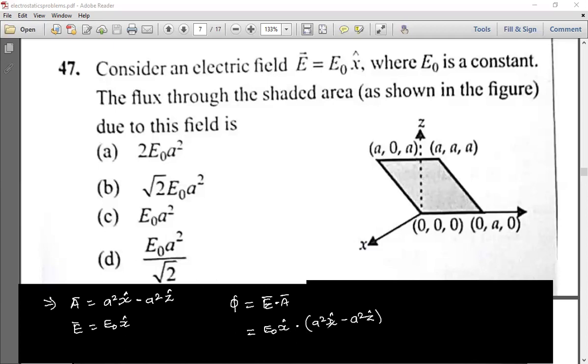So flux phi is equal to E0 A square into x cap dot x cap, which is nothing but 1, and your answer will be E0 A square, that is electric field into area along the x-axis. So option number C should be the answer for this question. Clear?